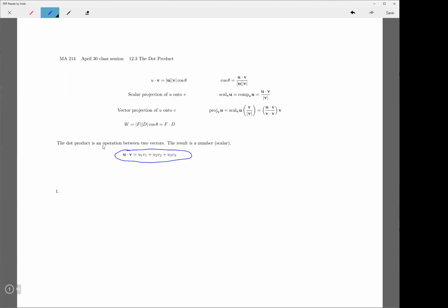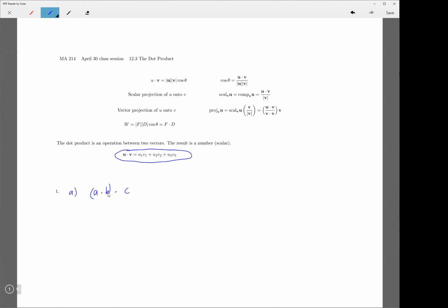Okay, so anyways, let's look at exercise number 1. It says, which of the following expressions is meaningful? So part A is this guy right here, A dot B dot C. Just to start this off, A dot B is going to give you a scalar, right?